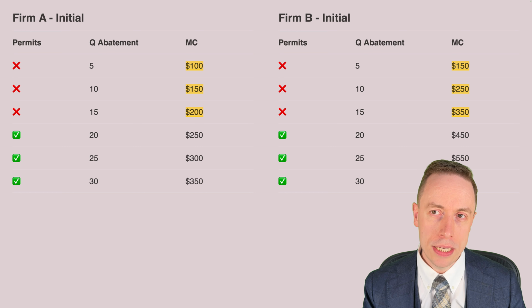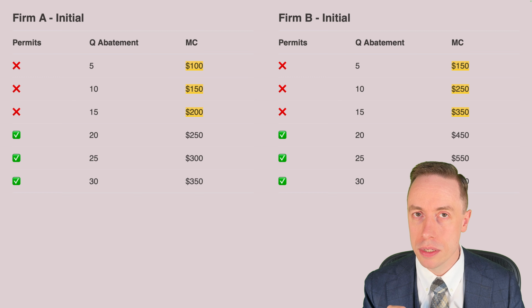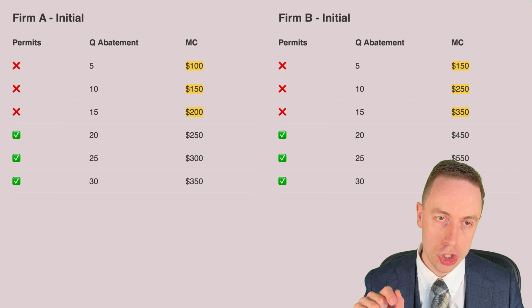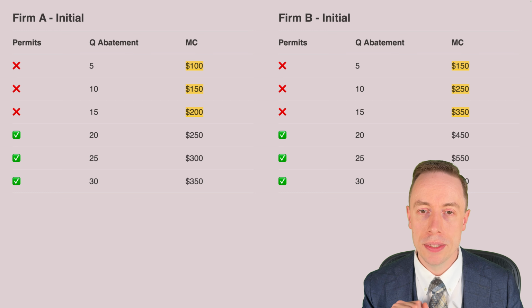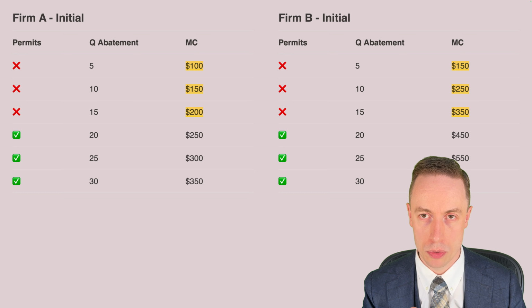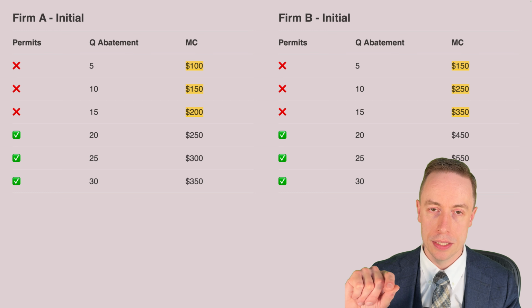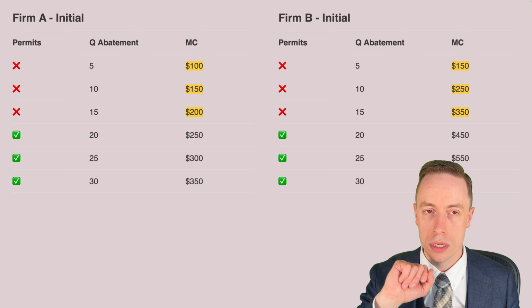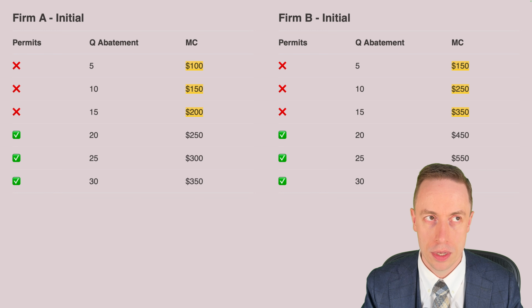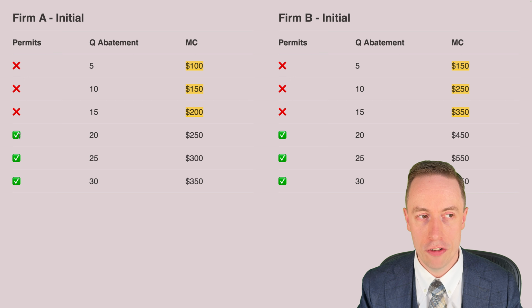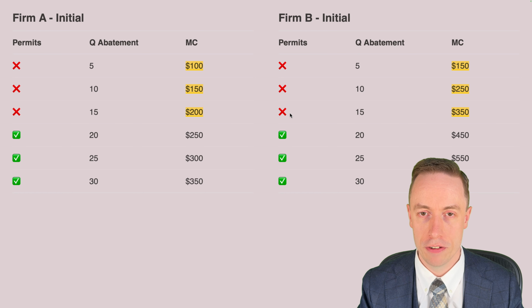The price at which the permits are traded, if it's the same price as a pollution charge or tax, you end up with the same outcome in terms of what company does what. So for the sake of argument, let's just pick the same number as the tax. Let's say it's $275. So firm A is going to sell these 5 permits to firm B for a price of $275.